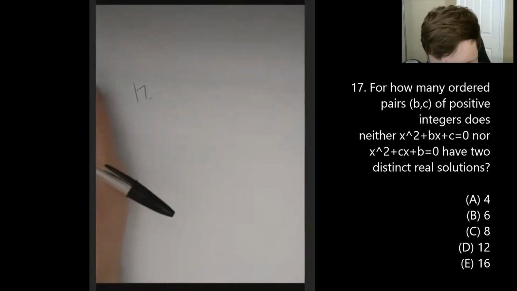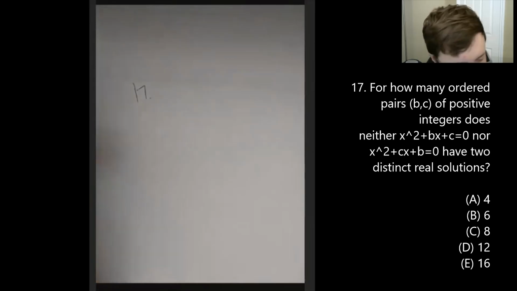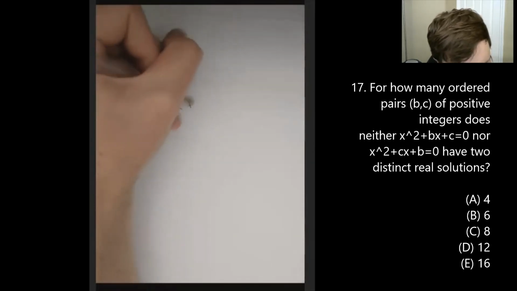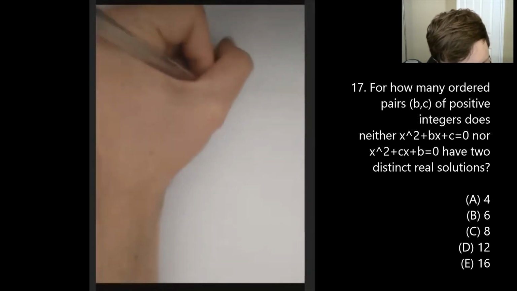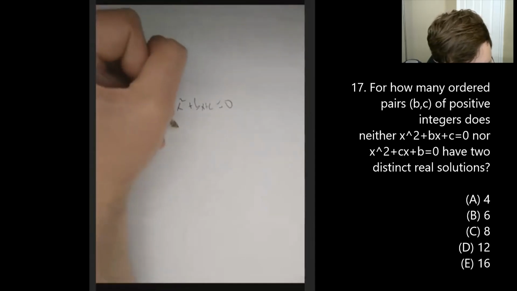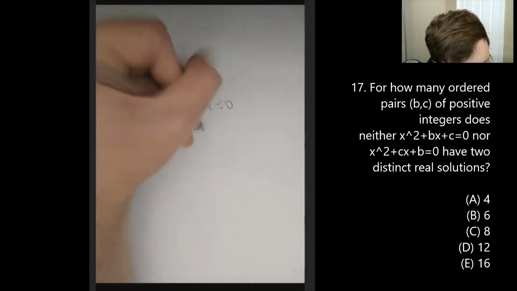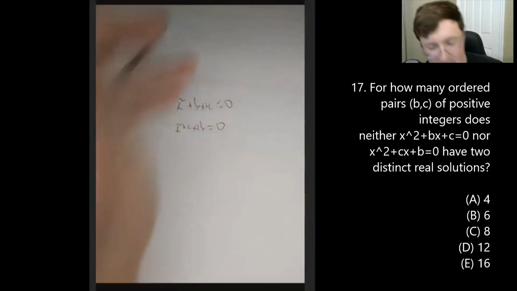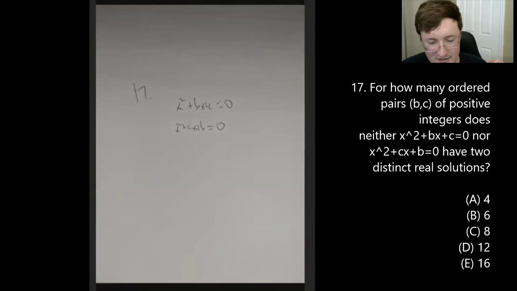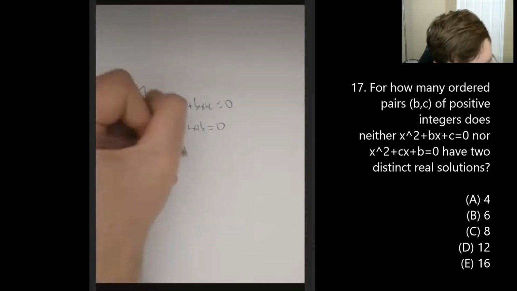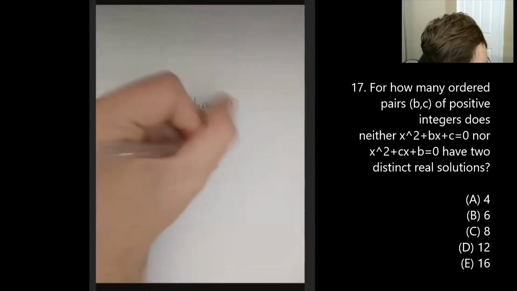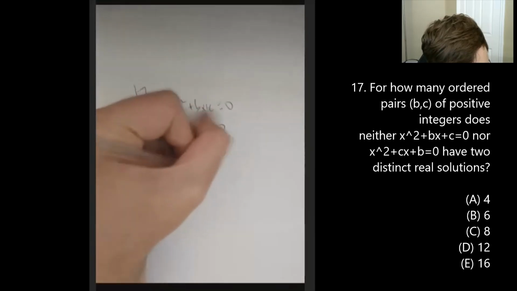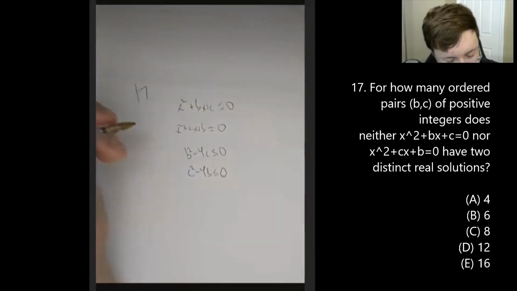How many ordered pairs... Oh, neither x squared plus bx plus c nor x squared plus cx plus b have two distinct real solutions. So the discriminants should be at most 0. So b squared minus 4c is less than or equal to 0, and c squared minus 4b is less than or equal to 0. Okay.